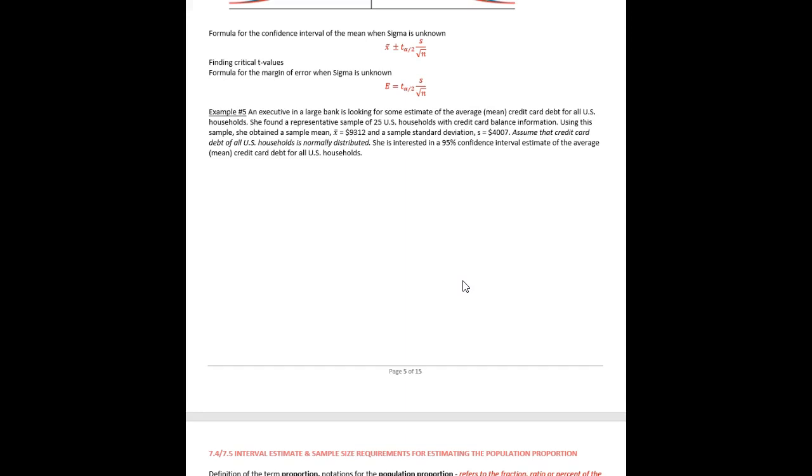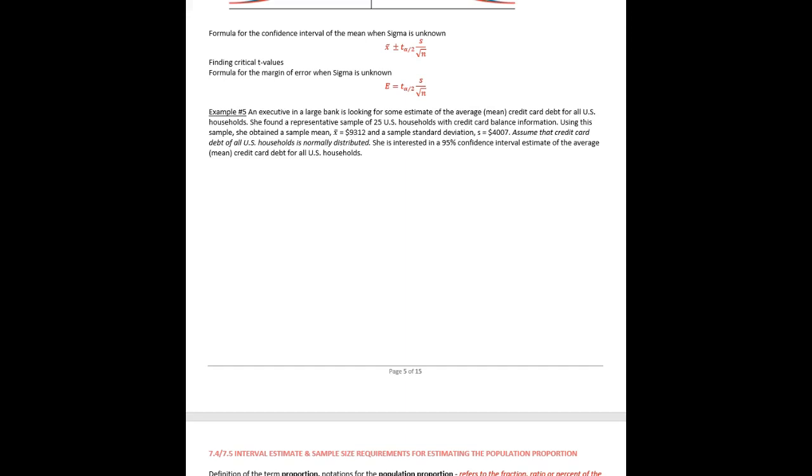Assume that credit card debt of all U.S. households is normally distributed. She is interested in a 95% confidence interval estimate of the average mean credit card debt for all households.